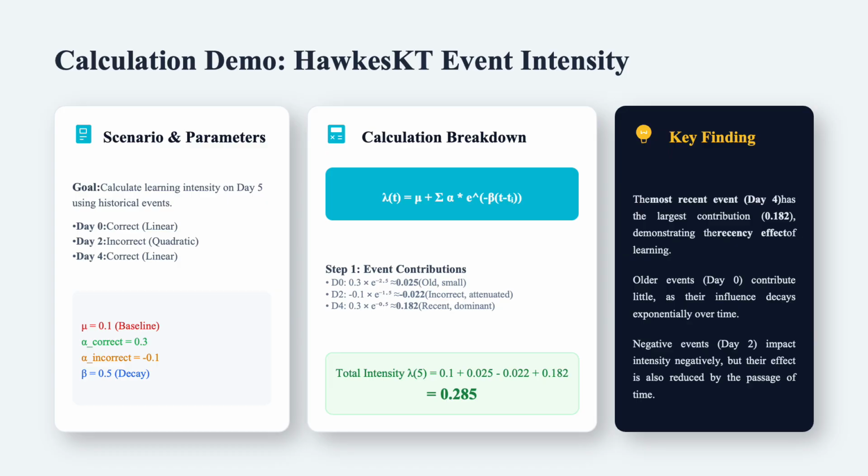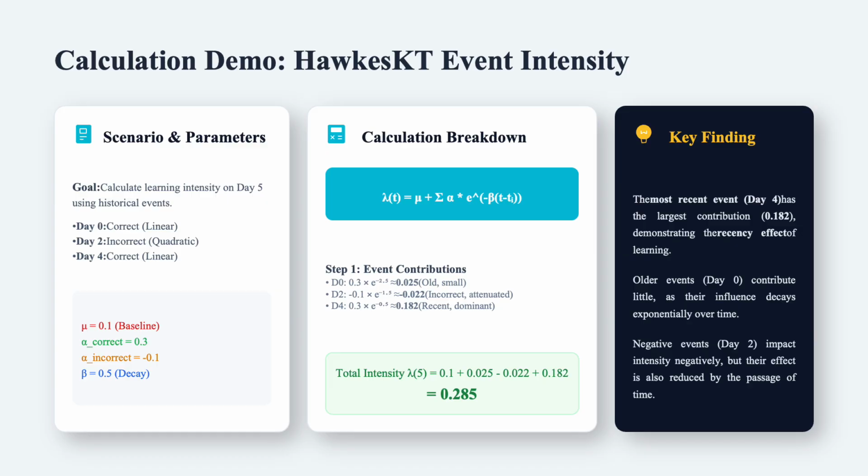Now let's look at a HawkesKT example. We want to calculate the learning intensity on day 5, given a history of correct and incorrect answers. The formula sums the baseline intensity and the decaying influence of each past event. Correct answers have a positive influence, incorrect ones negative. We calculate the contribution of each event.